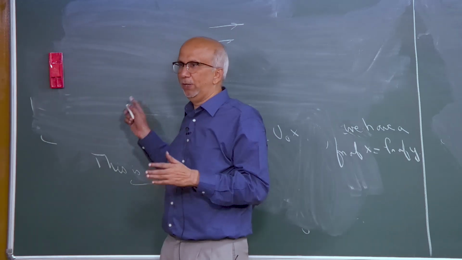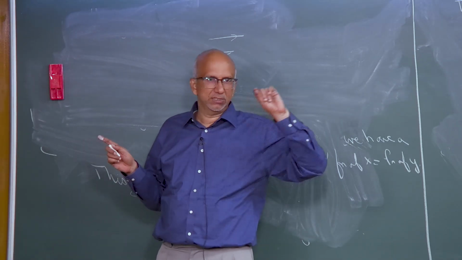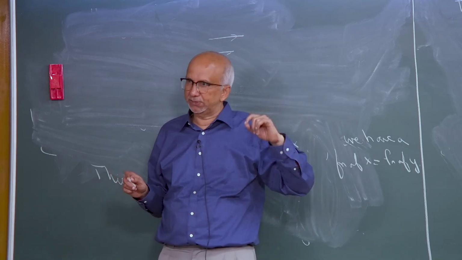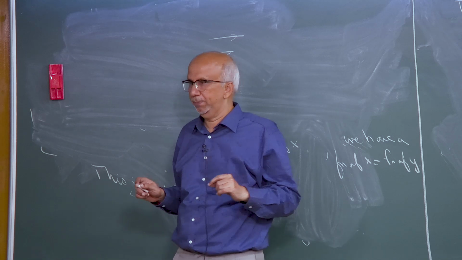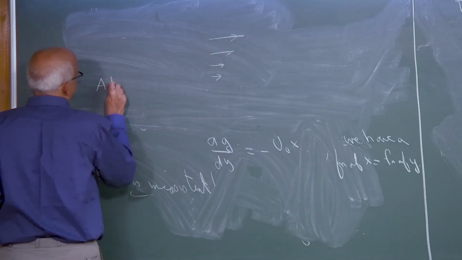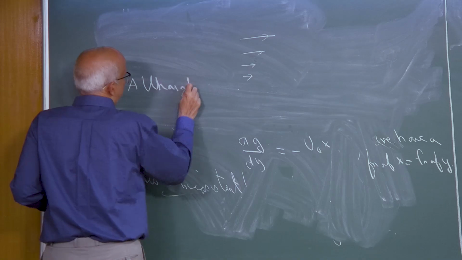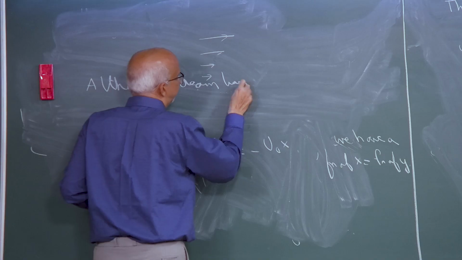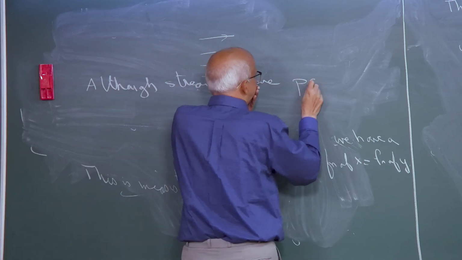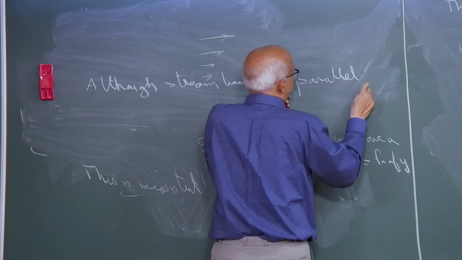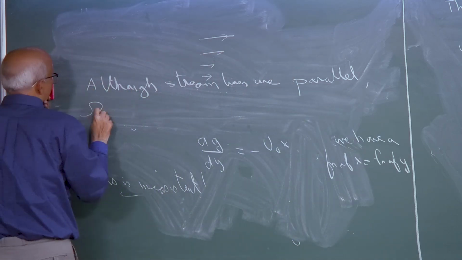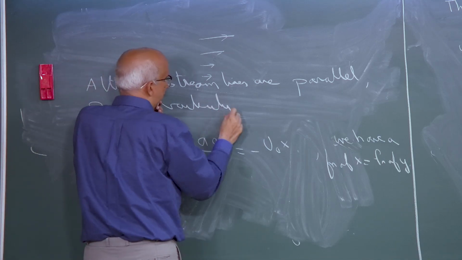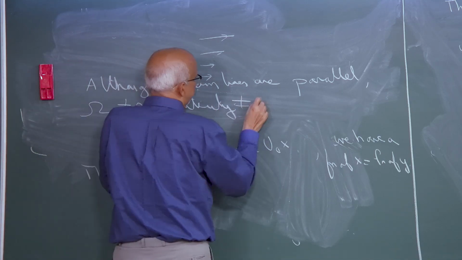So, Couette flow may look irrotational because all the streamlines are parallel, no vortex there, but vorticity is not 0. Okay. So, although streamlines are parallel, omega is not equal to 0, vorticity is not equal to 0.